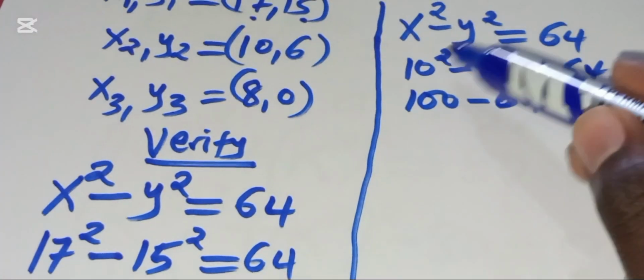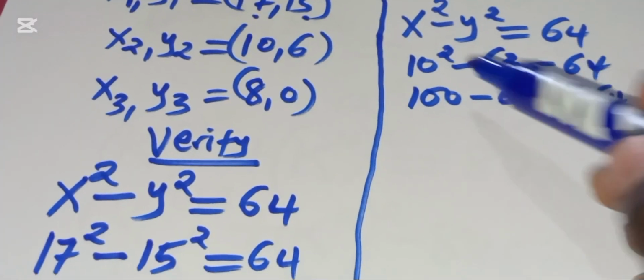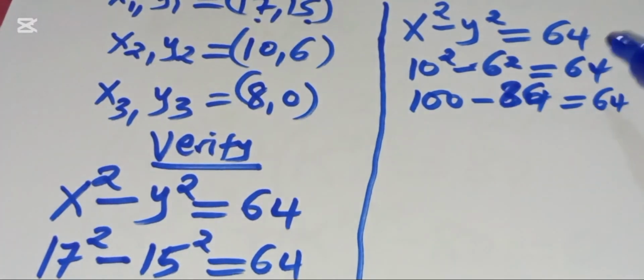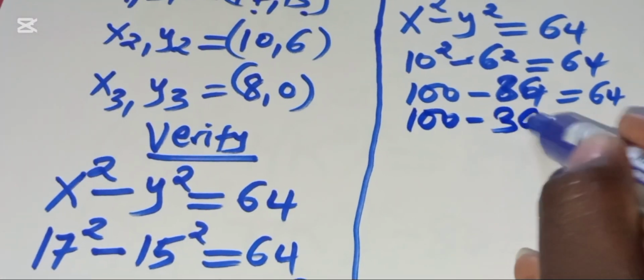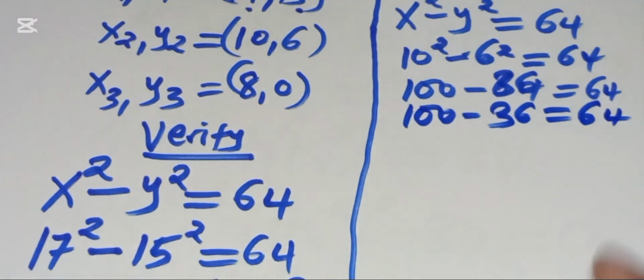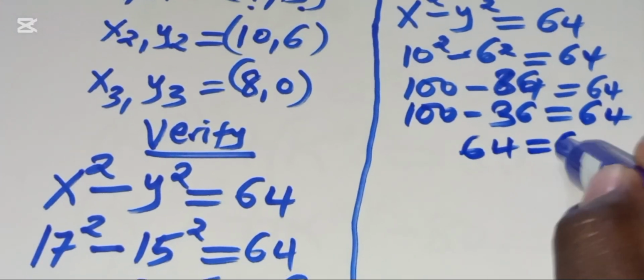So 10 squared is 100, subtract 36, which is 64, equal to 64.